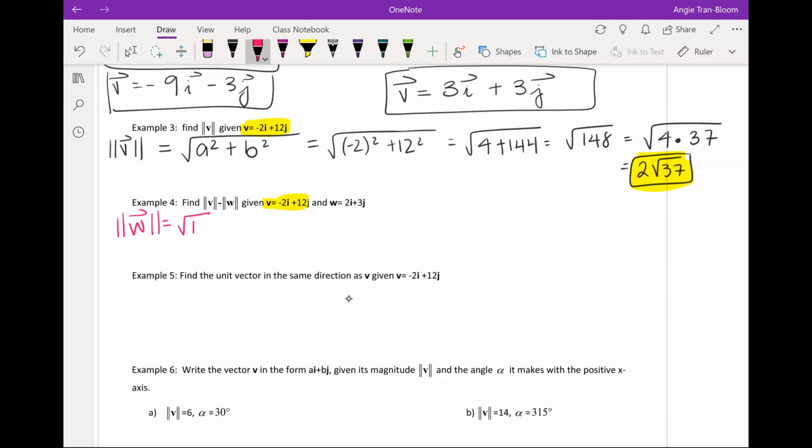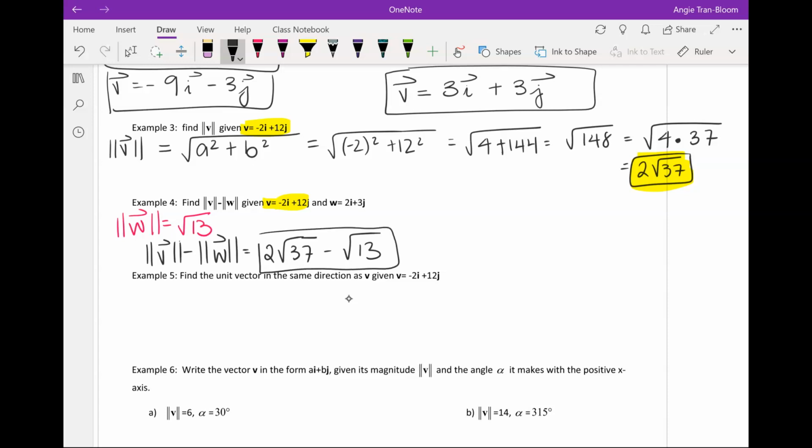So magnitude of v, take away magnitude of w, equals 2 rad 37 take away rad 13. Can I simplify those? Nope. And that means I can box it up. See, the applications themselves are not bad. It's just the concept behind them.